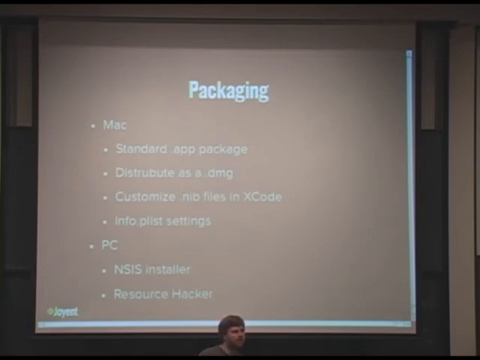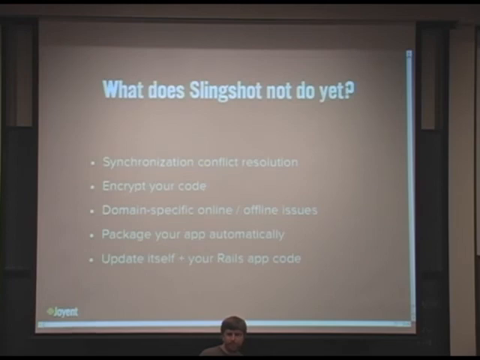NSIS is the Nullsoft Scriptable Install System or something like that, but it's a common open source way of creating installer.exe files, or whatever they call them nowadays, Windows installers. And then there's Resource Hacker, which is free software, a program that a lot of people use on Windows to edit executable resources, so we use those.